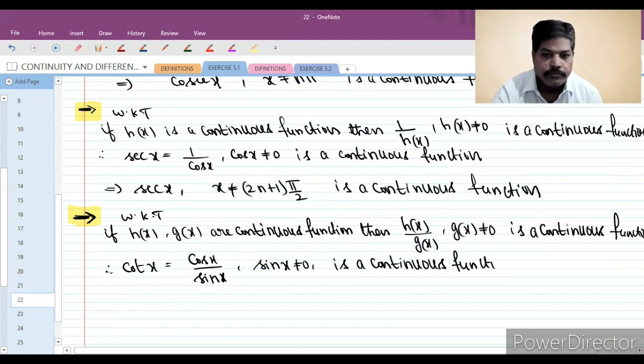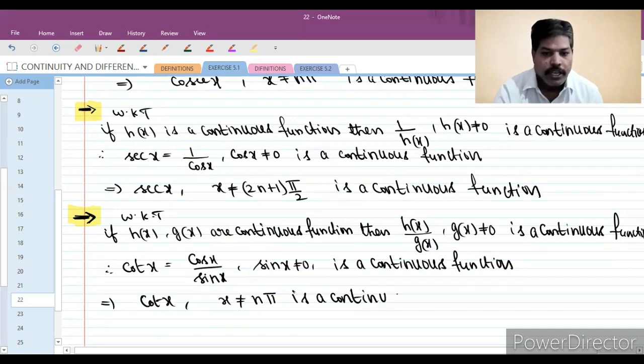That implies cot x, comma, sin x not equal to 0. Sin x not equal to 0, I already told you that one. Cot x, comma, x not equal to n pi, is a continuous function. So cot x, comma, x not equal to n pi is a continuous function.